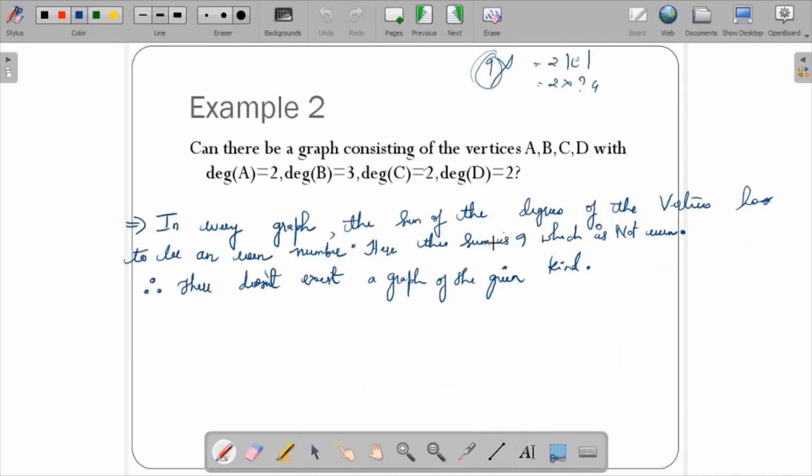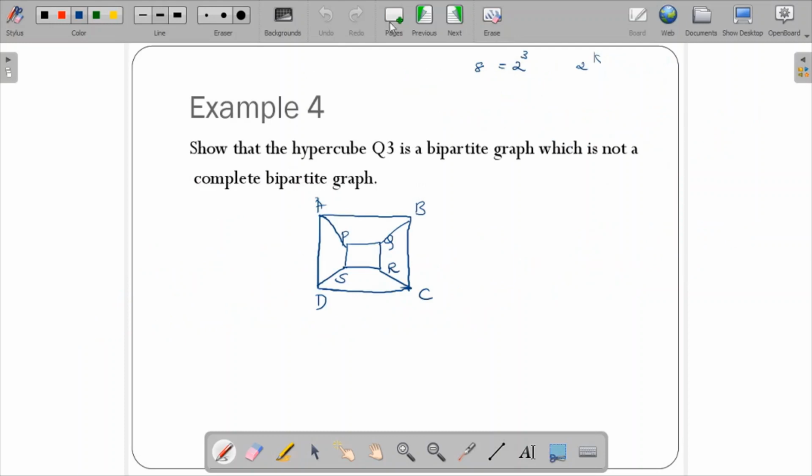Hypercube means this is the diagram. If you want to find how many vertices there are, 2 to the power k, where k is 3, that would be 2 to the power 3, that gives 8 vertices. So it is a cubic graph with 8 equal to 2 to the power 3 vertices. This particular graph is called the 3-dimensional hypercube and it is denoted by Q3.